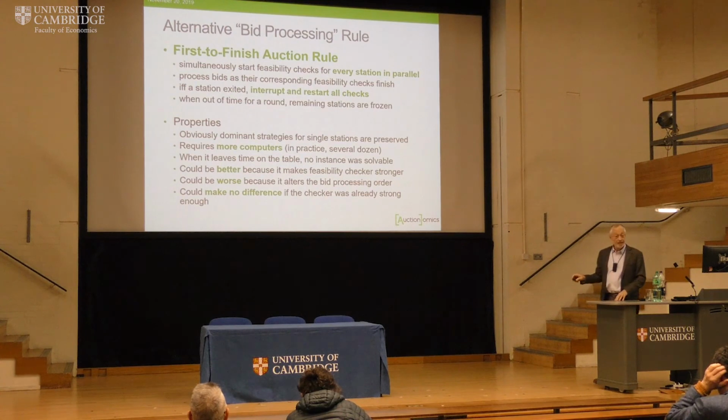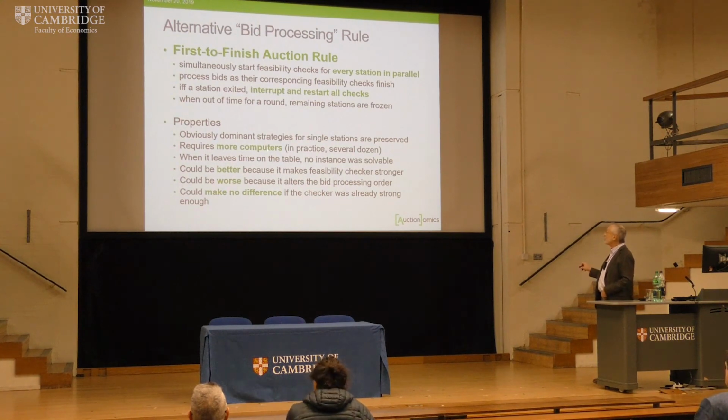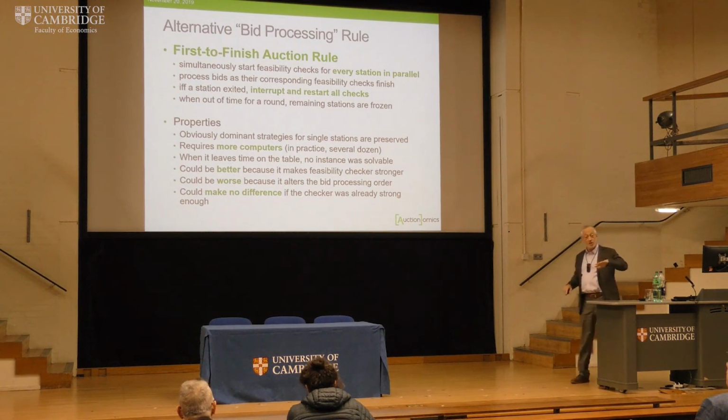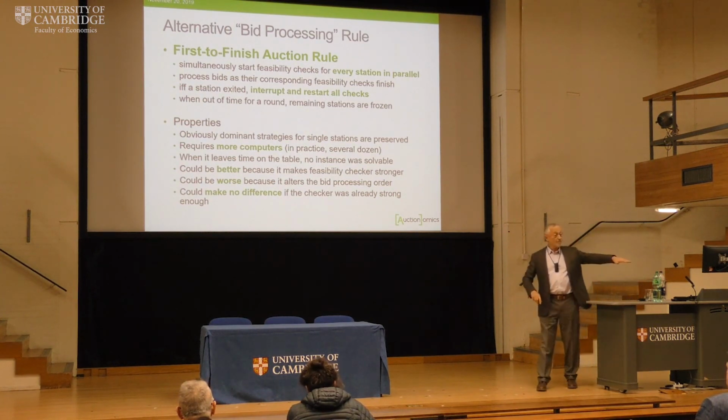This is still a descending clock auction, so the obviously dominant strategy property is preserved. It requires more computers, in practice a few dozen. That's nothing in an auction like this. When it leaves time on the table, it means that no instance was solvable. It might be that it makes feasibility checking stronger. We don't know that his problem is always hard.